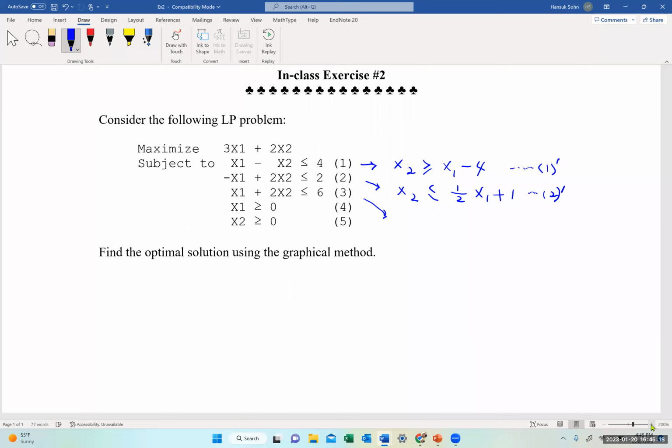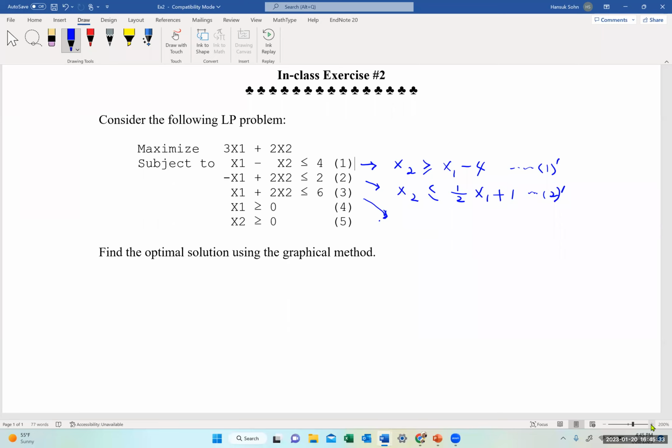And about the third constraint, very similarly, I'm going to move x1 to the other side and then divide both sides by 2.